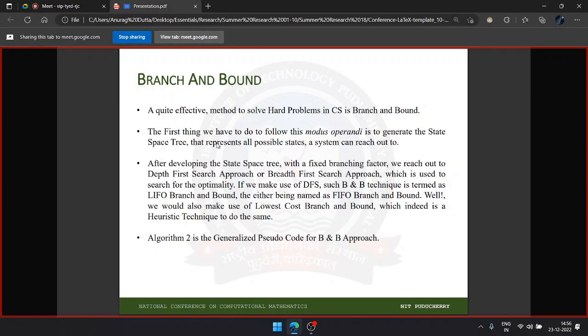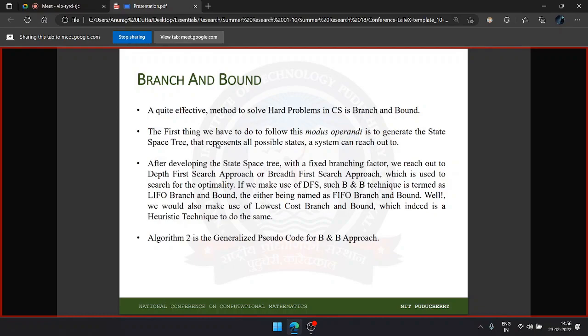These various possibilities, represented in the form of a tree, would be the state space tree. After developing the state space tree with a fixed branching factor, we will apply some searching algorithms, like depth first search or breadth first search, or something like the A star algorithm, which is a heuristic algorithm. If we make use of DFS branch and bound, it is known as LIFO branch and bound.